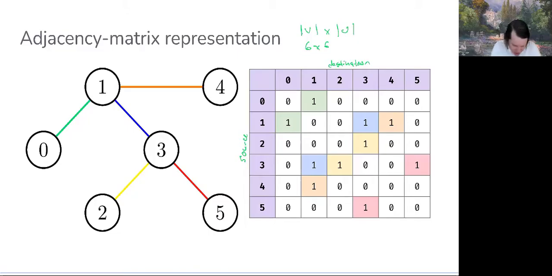So we can see here that this green edge is represented by these 2 green entries in our two-dimensional array. So we've effectively said there exists an edge between node 0 and node 1, as denoted here, and from node 1 to node 0 here.